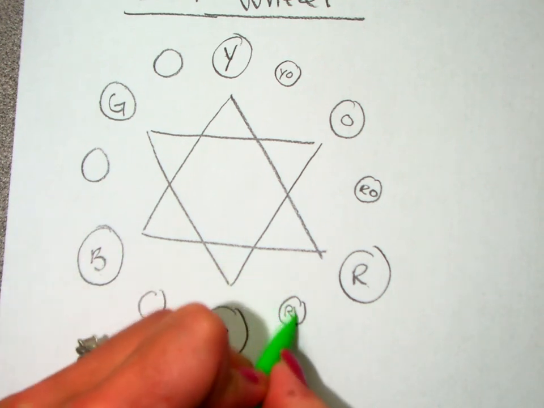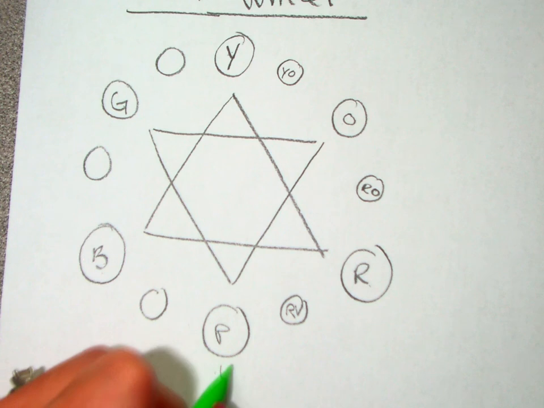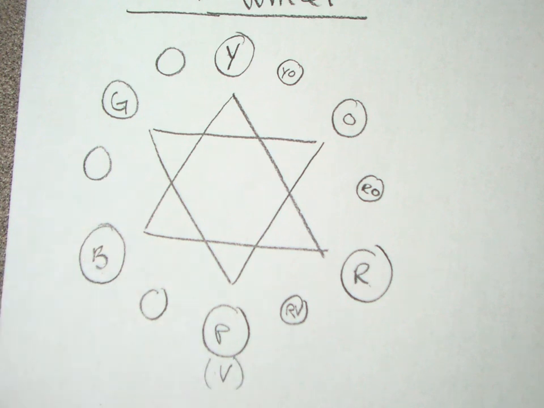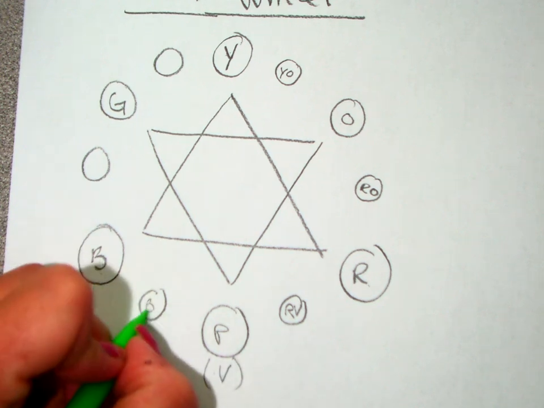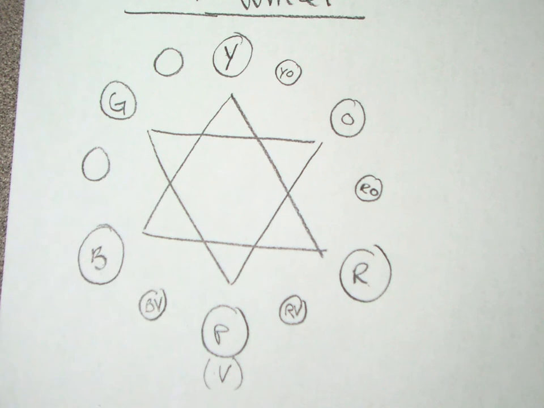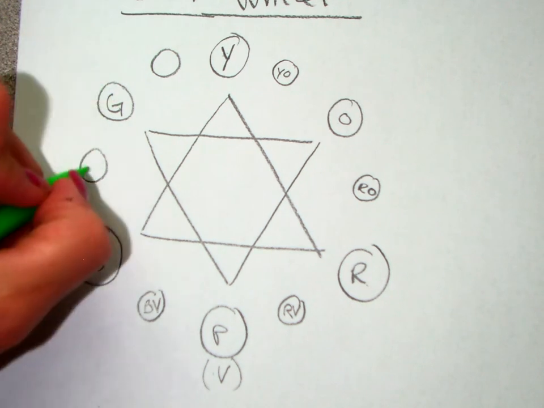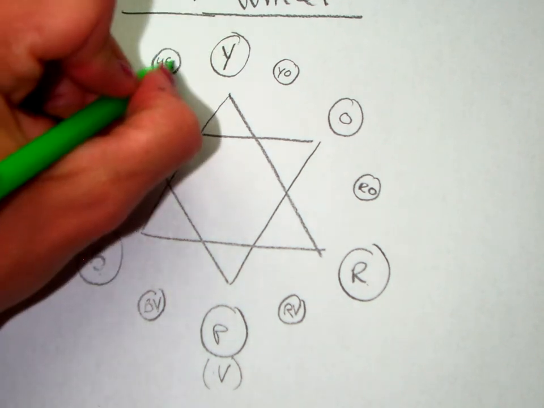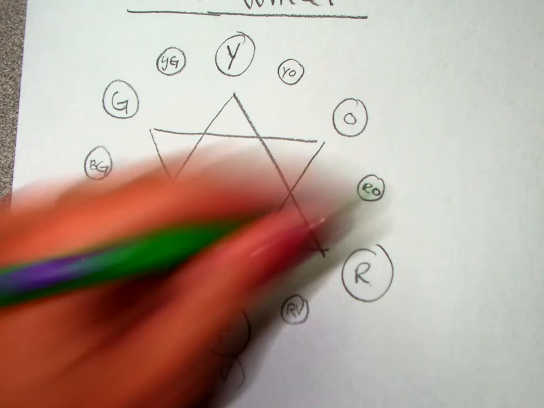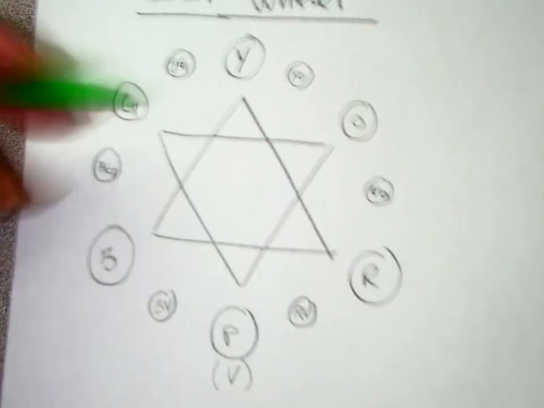I don't know, but it's red-violet. I'll put violet down here just to remember. Blue and violet make blue-violet. Blue and green make blue-green. And green and yellow make yellow-green. Those are your intermediate colors, but the technical term is tertiary.